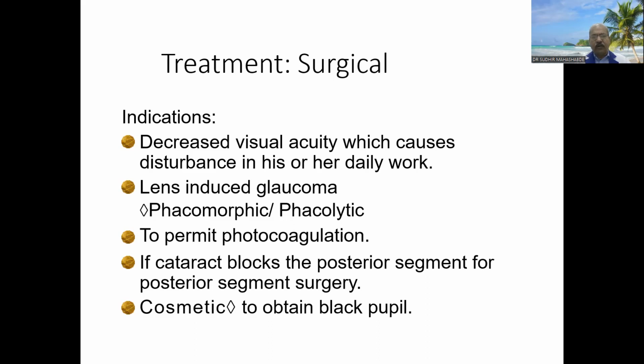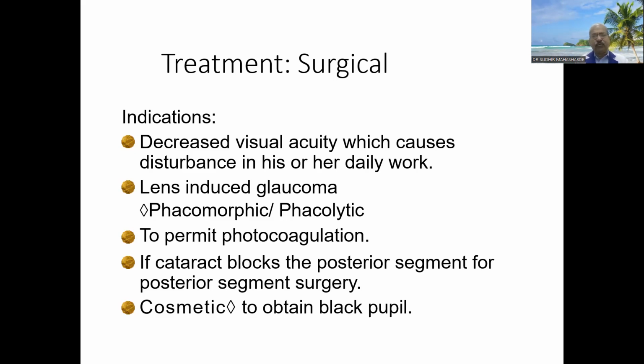If the cataract is swelling and presses the iris anteriorly towards the angle of the anterior chamber, it occludes the angle, thereby reducing the area from where the aqueous can be drained out of the eye. That is called phacomorphic glaucoma.